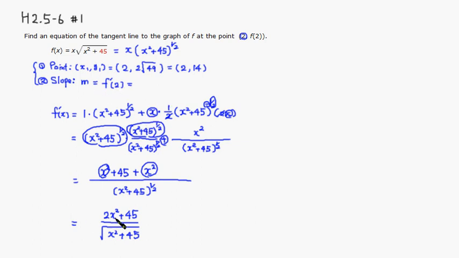So it's 2 times 2 squared plus 45 over, on the bottom, the square root of 2 squared plus 45. 2 squared is 4, times 2 is 8, so 8 plus 45 is 53.